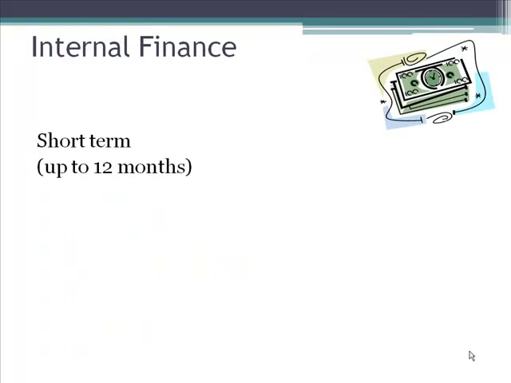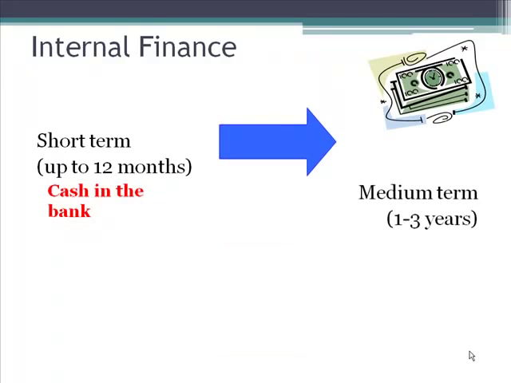So we looked at internal sources of finance, and now we're going to look at short and long-term sources of finance. Short-term finance lasts for up to 12 months, and the best example here is cash in the bank. Medium-term finance is normally used for between 1 and 3 years, and retained profit or the sale of an asset would probably be most realistic as a medium-term internal source.